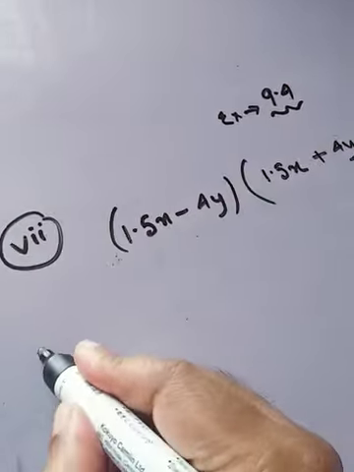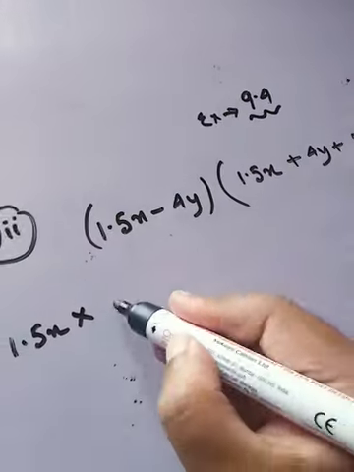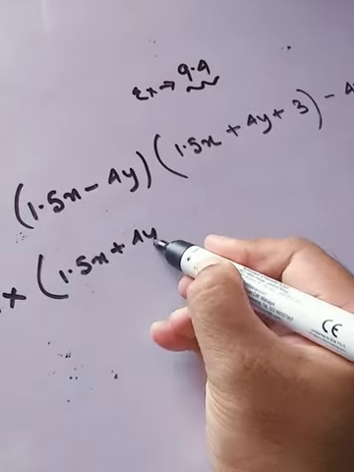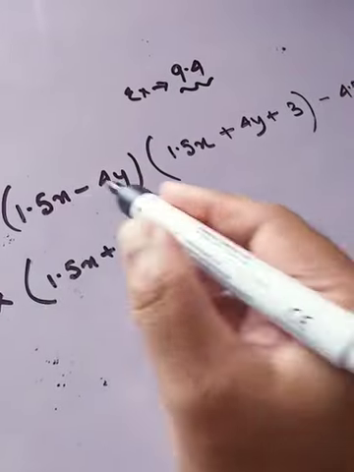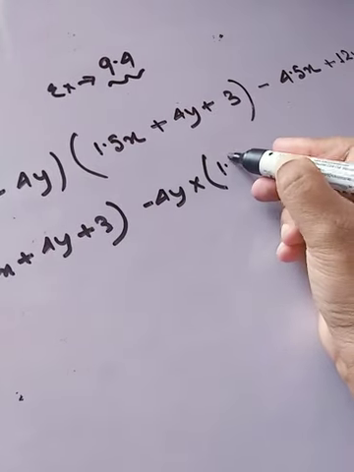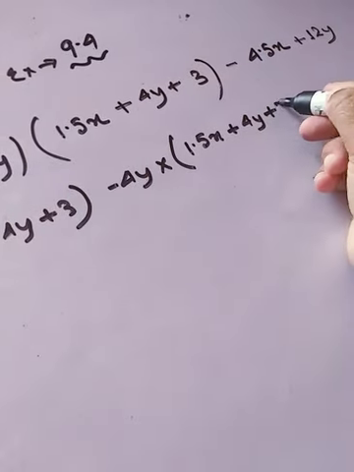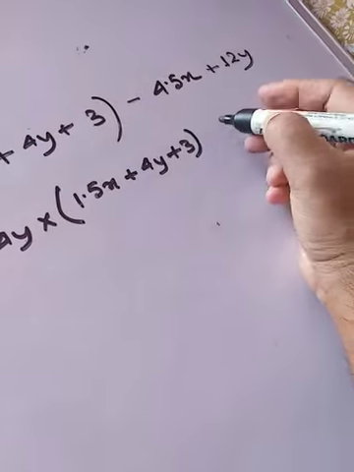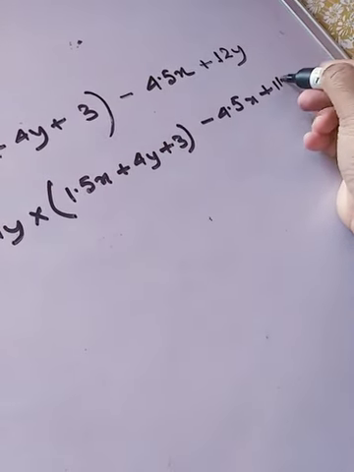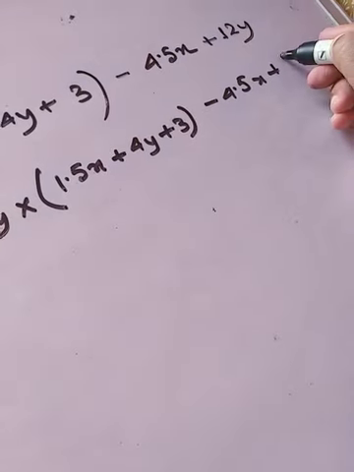So how to write it down? 1.5x into this whole trinomial, 1.5x plus 4y plus 3, and with this minus y also you have to multiply this whole part, 1.5x plus 4y plus 3, and this part will remain intact. Okay, no change, sorry, this would be 12y.